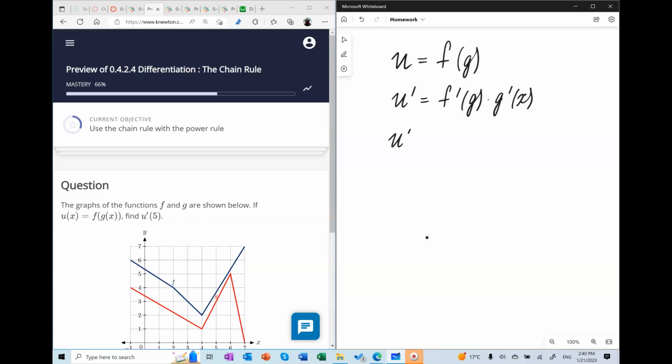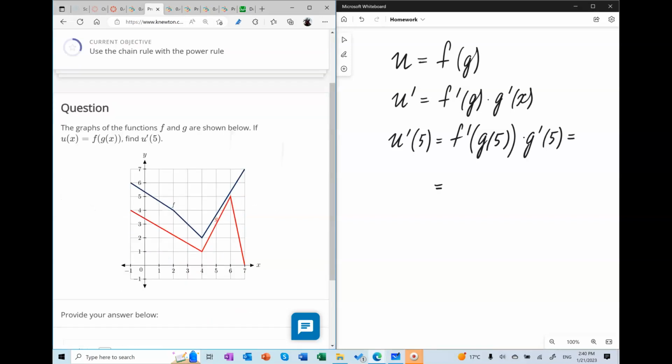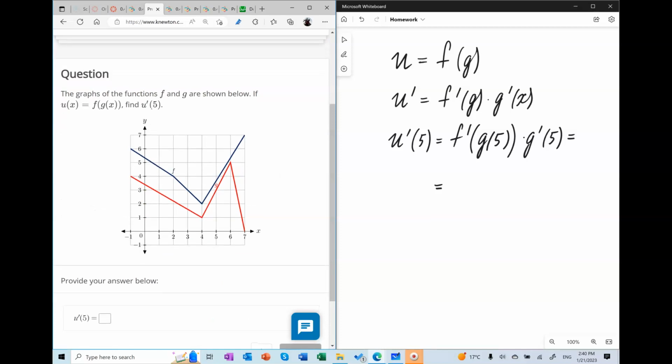So if we evaluate derivative of u at 5, that means we have derivative of f evaluated at g at 5, and we multiply it by the derivative of g at 5. So we should be able to read all that information from the graphs on the left side.